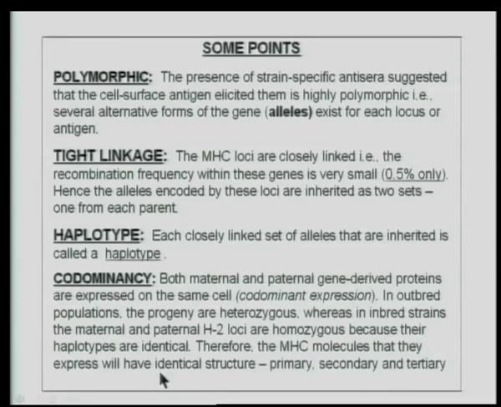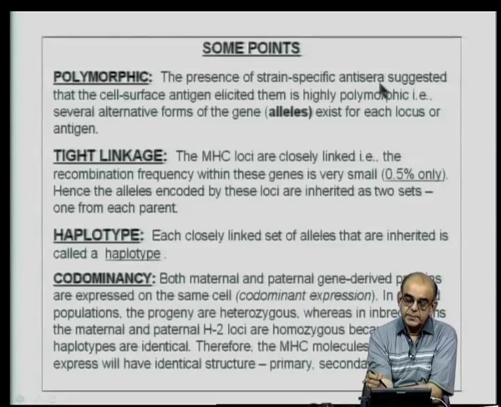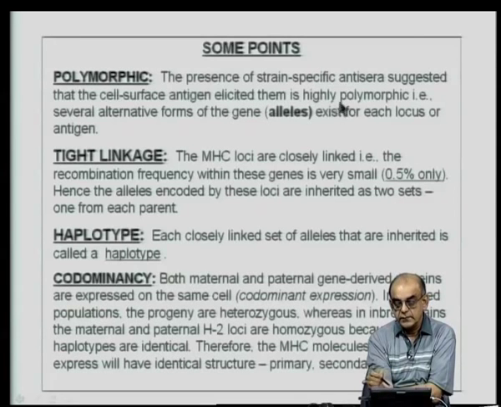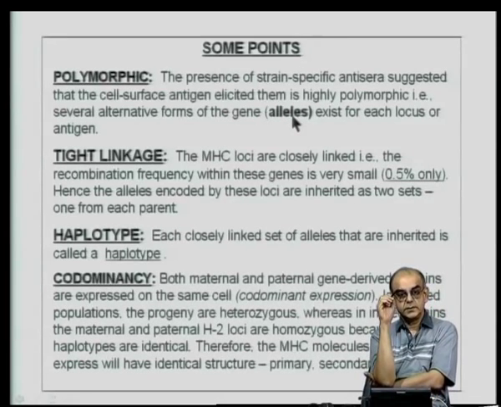So, going on, some other points that we need to consider is that the MHC is polymorphic. Strain specific antisera, these are all the reagents that were used to show the presence of cell surface antigen, showed that this cell surface antigen is highly polymorphic. In other words, there are alternative forms of the gene, or alleles, and this is the concept of the self signature molecule of the MHC complex.